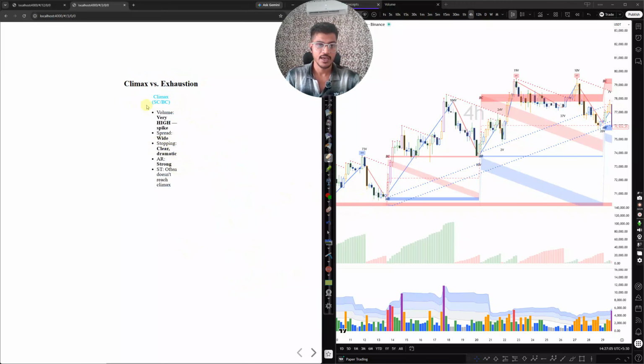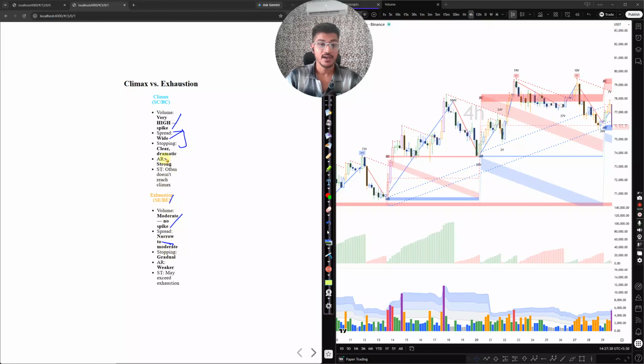In climax we see a very high volume spike. In exhaustion, selling exhaustion or buying exhaustion, we see moderate volume, no spike. In climax we see widespread candles; in exhaustion, narrow to moderate candlesticks.